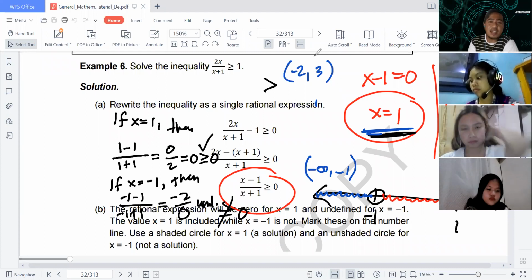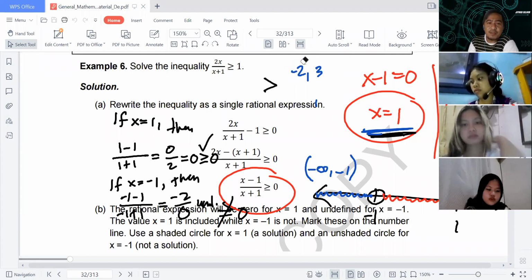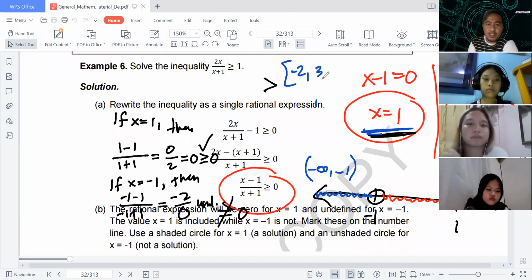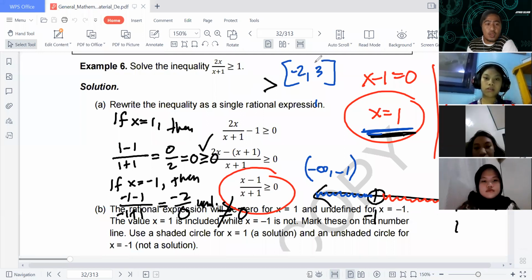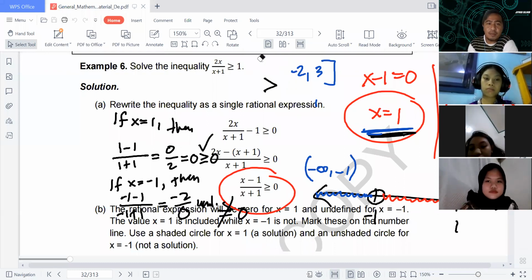Okay, I will change this into this one. Kindly read. Closed interval from negative 2 to positive 3. Closed interval. Okay, how about I change that into this one?